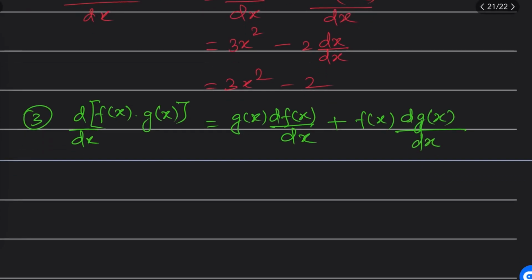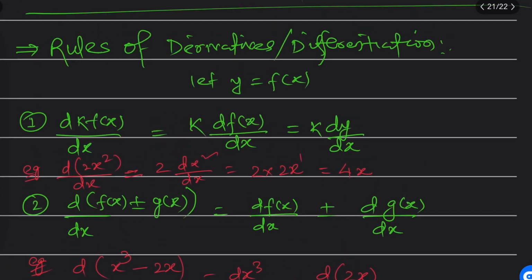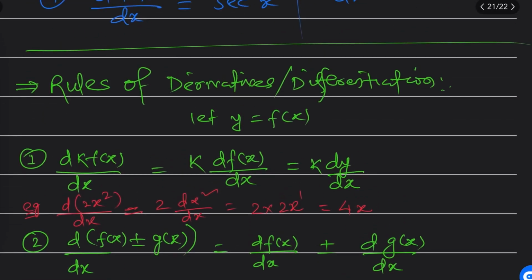This is also known in another form. One more thing you should keep in mind: f(x) is sometimes called y or u, and g(x) is called v. These are just symbols, don't get confused.